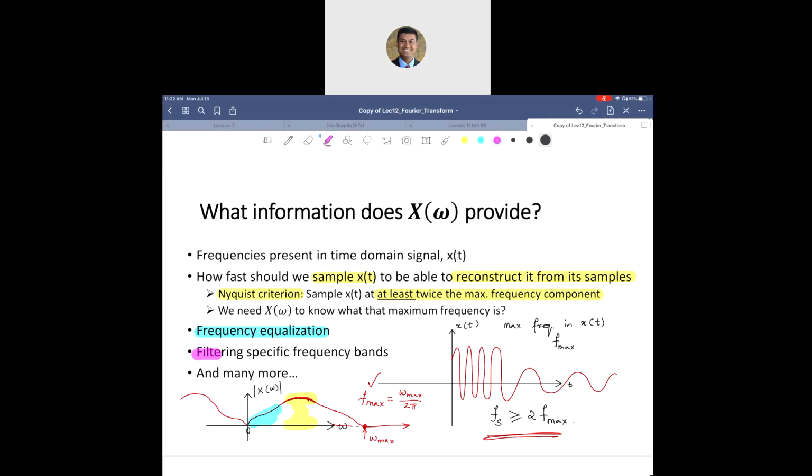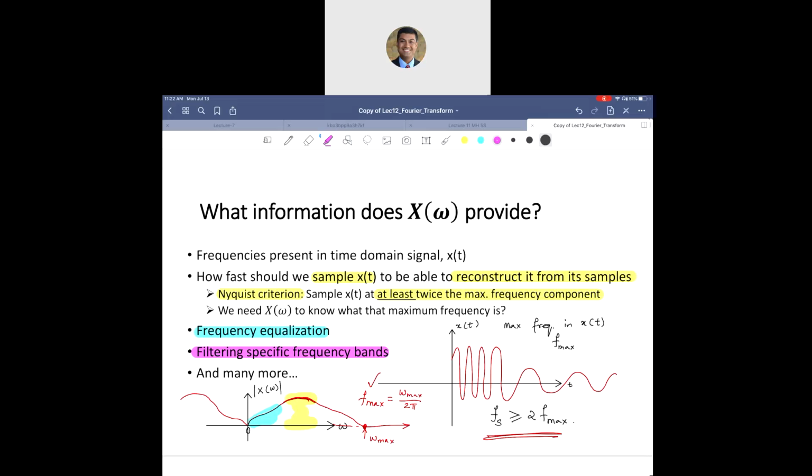Next point, filtering specific frequency bands. Well, suppose you have an FM radio and you're trying to tune your receiver to a particular channel. If you know the Fourier transform of signals that are coming to your receiver, then you can apply filters at the respective frequency bands.